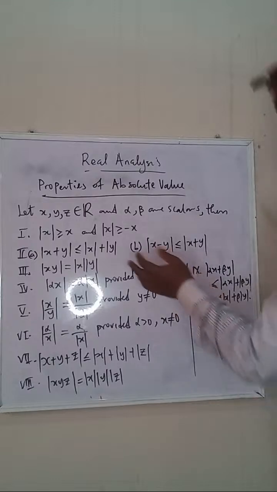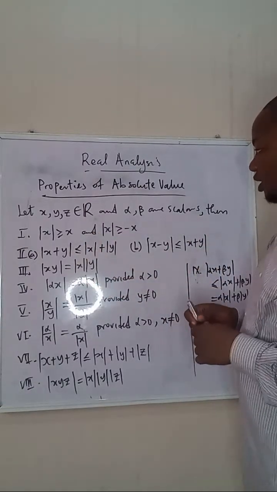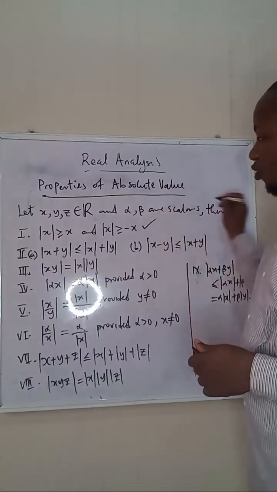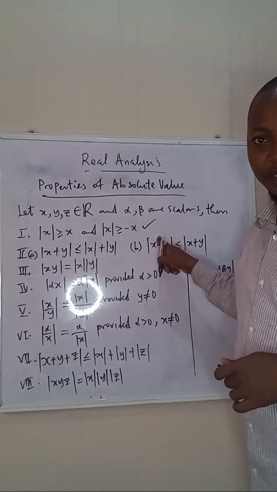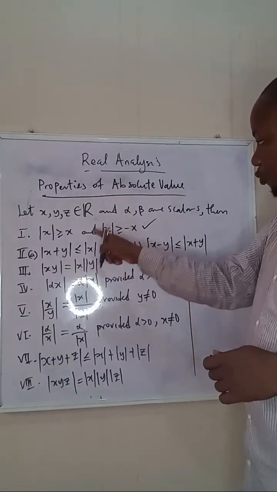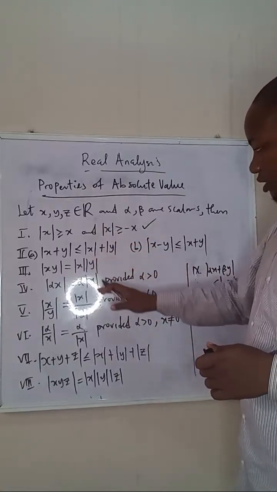So now let's look at some of the proofs of these properties. Number 1 here is obvious from the definition, so we won't prove this, but we'll try as much as possible to prove the other ones, starting from here, then this and this.